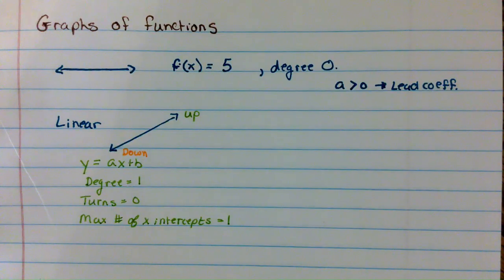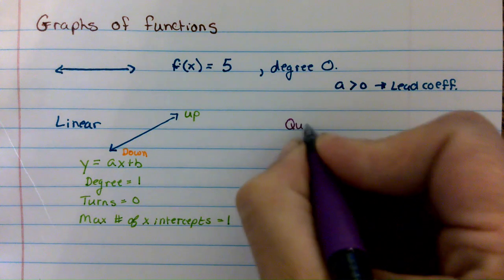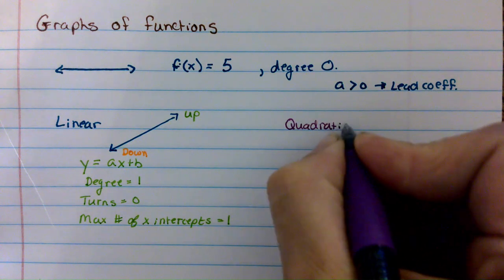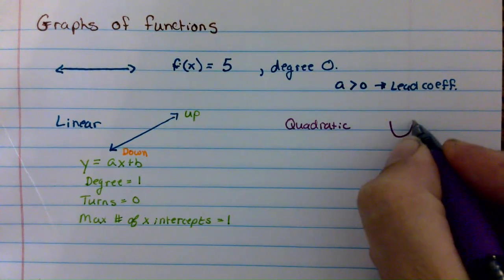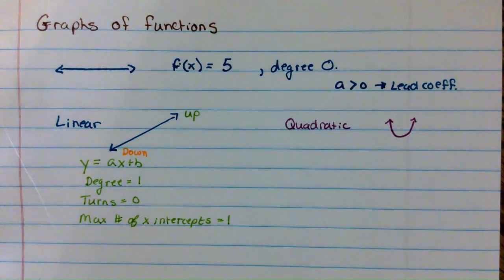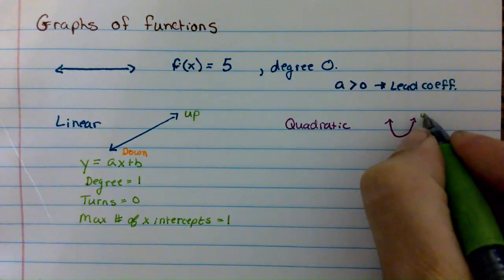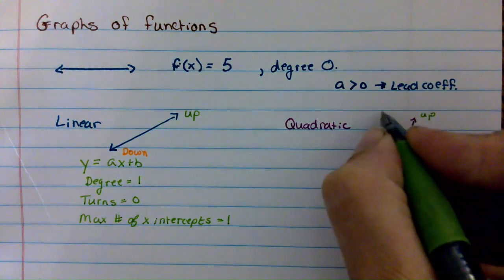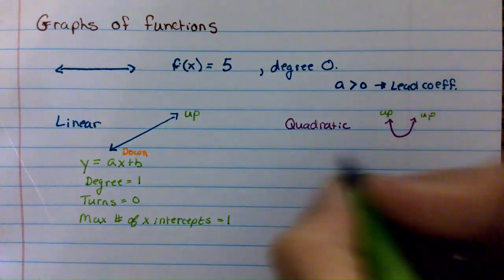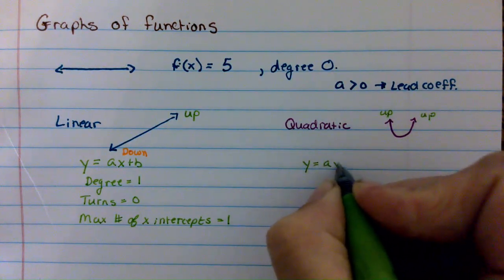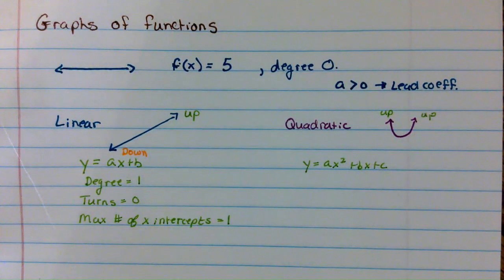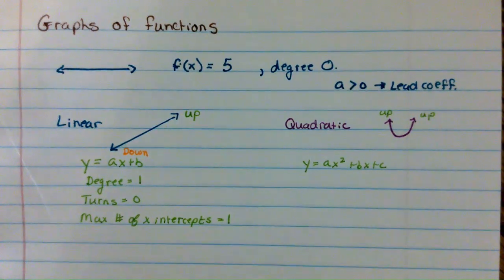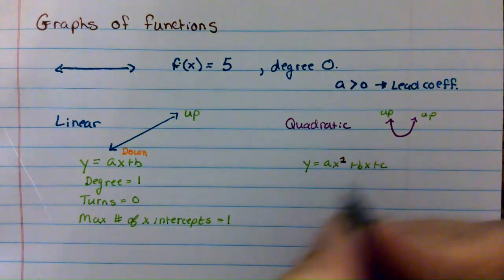Another popular vocab word you've heard me use if you've watched some of these videos is quadratic. And when I talk to my Algebra 2 students, I talk about it being a smiley face. So in this case, we see that not only is it up on the right, it is also up on the left. And this would be y equals ax squared plus bx plus c. So in this case, the degree is going to be 2 because the highest exponent is 2.